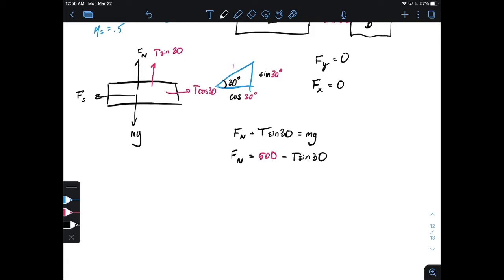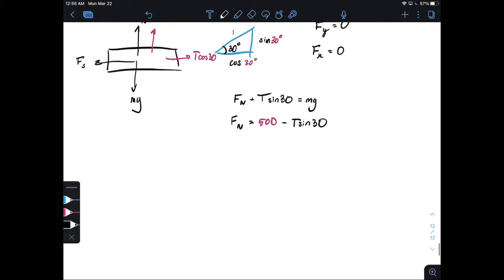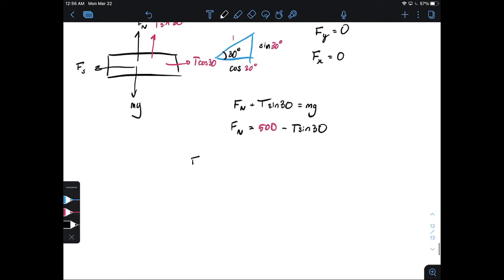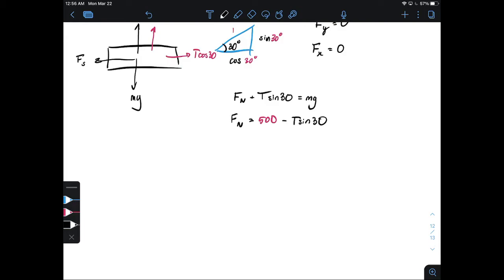So now we got a neat expression for Fn in terms of a constant and T, which we're eventually going to want to isolate. The reason I separated Fn is because the force due to static friction uses Fn, as we're going to see in a second. As we know, the force on the x-axis is equal to 0.